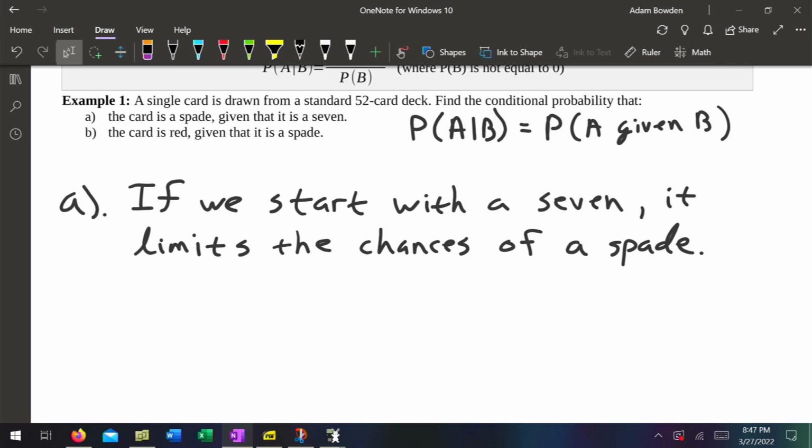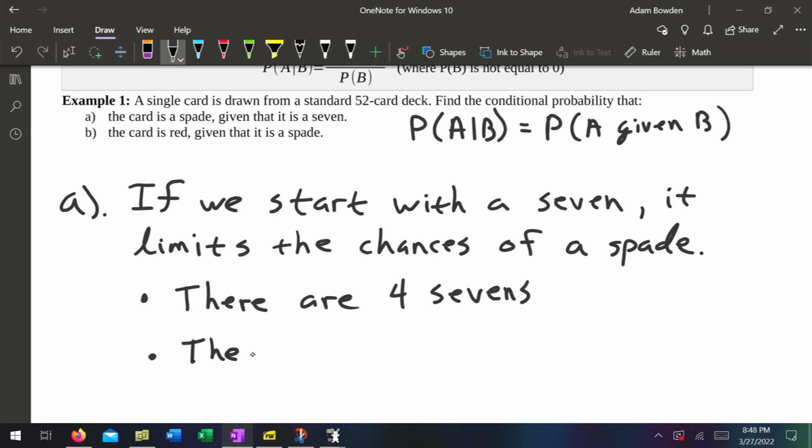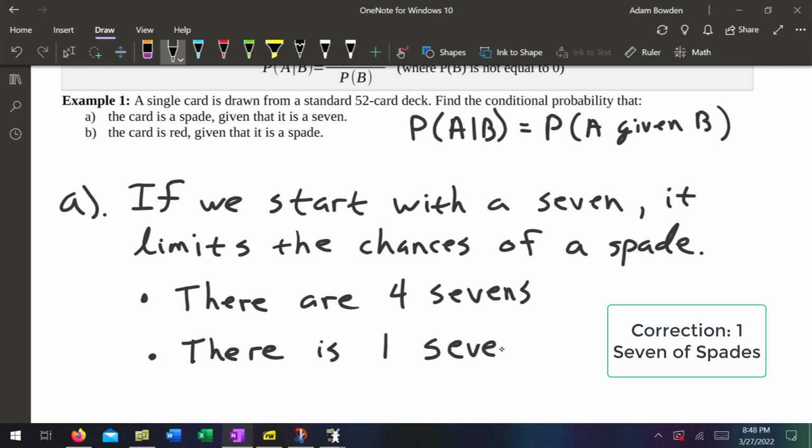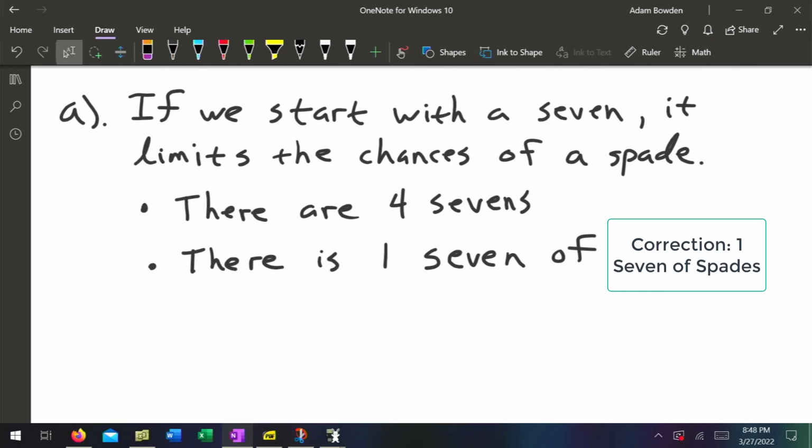The 7 is a condition that affects the probability of it being a spade as well. Let's go through the possibilities here. There are a total of 4 7s, and there's only one 7 of clubs. So that means we're limited down to just one 7 of clubs.